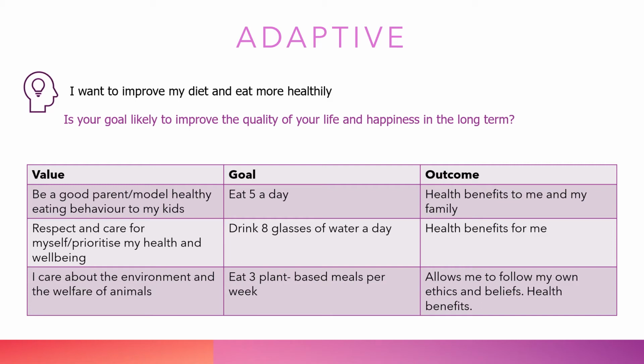So the outcome of that would not only be potentially better health for you, but also, if you held those beliefs and values, that you'd be living in line with them. You'd be engaging in behaviours that make you feel good and that support that value that you hold deep in your heart. So all of these have the potential to have these wonderful outcomes. What we're doing is making a list of the positives that are linked to our goal before we even begin.